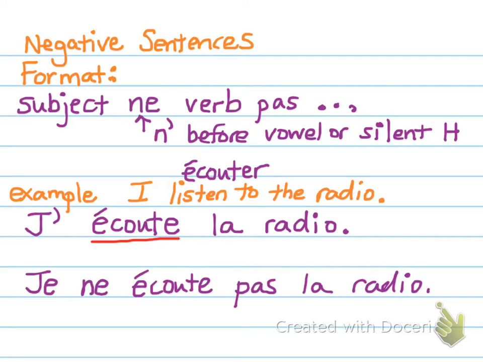And again, ne, we said, before a vowel or a silent H becomes an apostrophe. So je n'écoute pas la radio. So really, making sentences negative is no different than what you were doing with être.